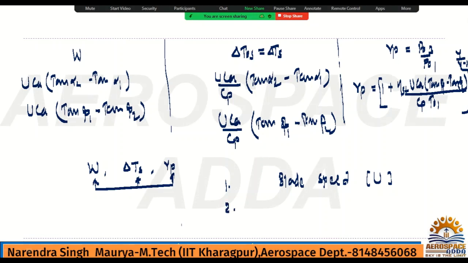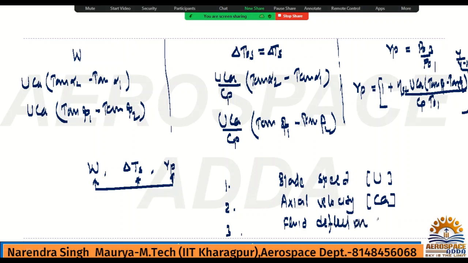Second, check axial velocity, CA. Third is the fluid deflection. Beta 1 minus beta 2 is the fluid deflection angle.